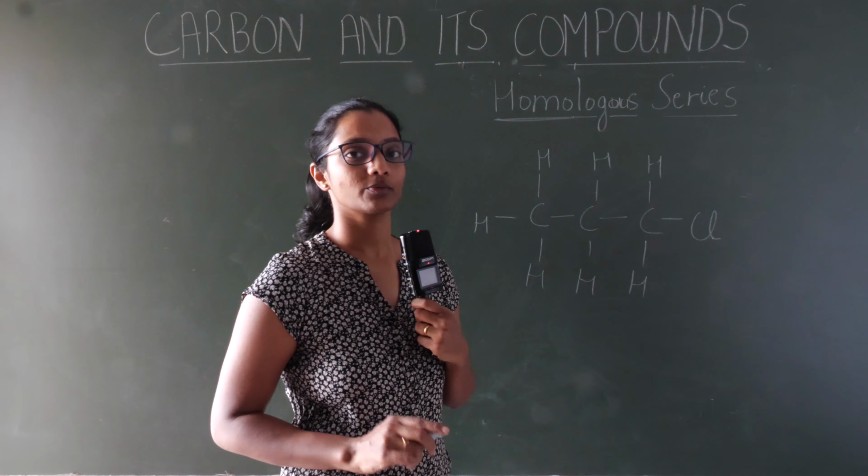Now why is it called a functional group? Because irrespective of the size, it may consist of 5 carbon atoms, 6 carbon atoms like hexane, but the properties remain the same. They remain similar because of the functional group attached to it.